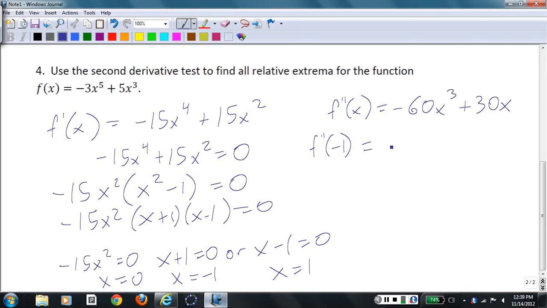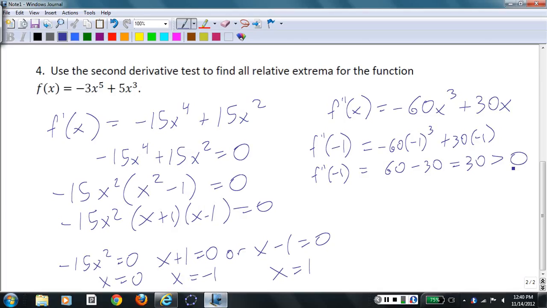F double prime of negative 1 is negative 60 times negative 1 cubed plus 30 times negative 1. F double prime of negative 1 is 60 minus 30, which is 30, which is positive. So here's what we're saying in applying the second derivative test. F prime of negative 1 is 0. That means horizontal tangent line to the curve. F double prime of negative 1 is positive.